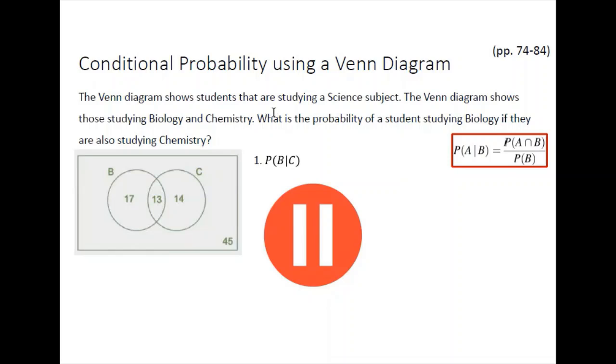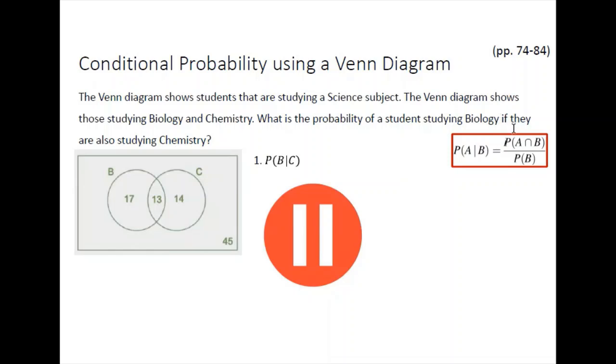It shows the students that are studying a science subject: those studying biology with B, chemistry with C. What is the probability of a student studying biology if they are also studying chemistry?